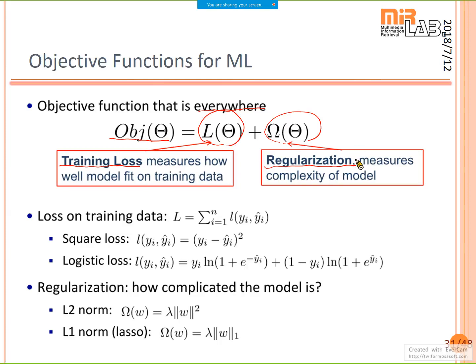For regularization, we want to measure the complexity of the model. We want to keep both terms as small as possible. That means the prediction error should be small, and the model complexity should be small too. And again, we have different kinds of loss functions and different kinds of regularization terms, and here I won't go into details.